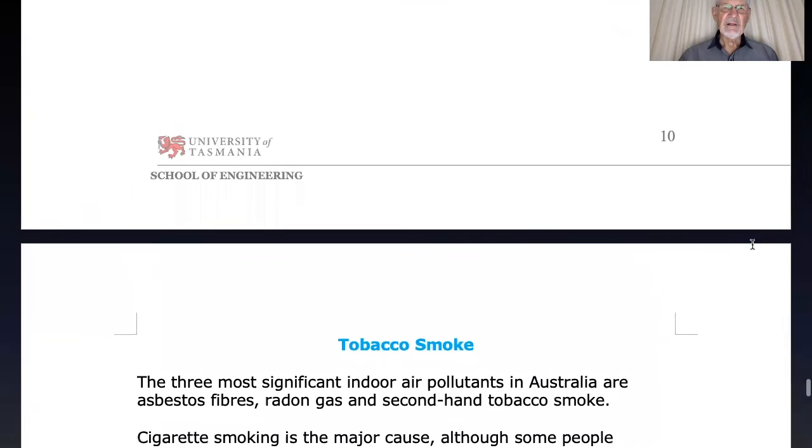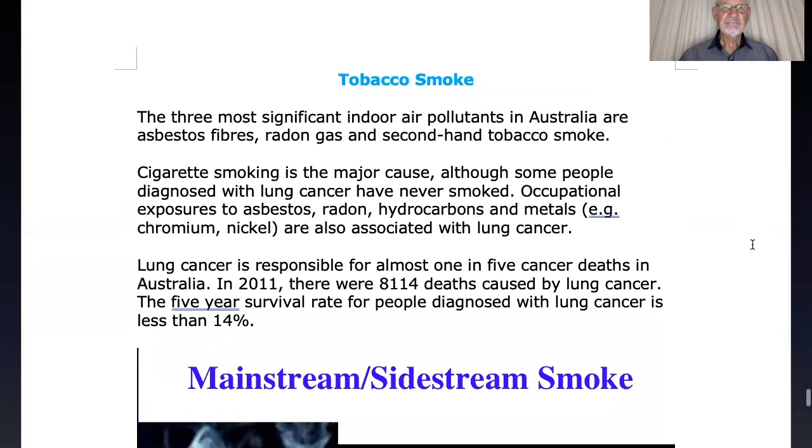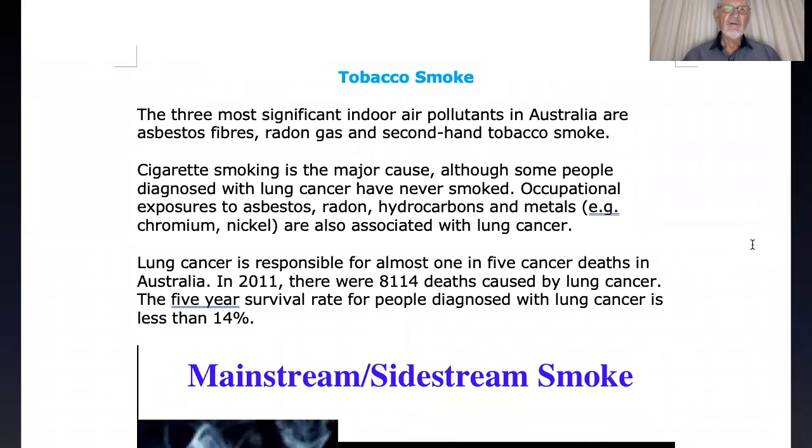And finally, tobacco smoke. It says the three most significant indoor air pollutants in Australia are asbestos fibres, radon gas, and second-hand tobacco smoke. So I'm quite pleased to report that the university now is a smoke-free zone.